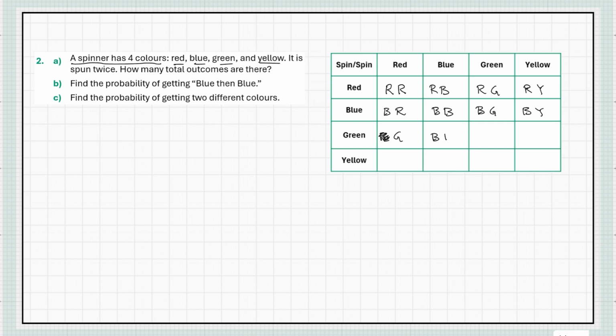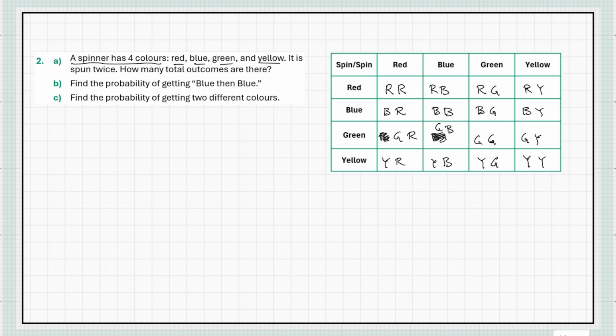Sorry, this is green and then red, and this is green and then blue, and green and green, and green and yellow, and then yellow and red, yellow and blue, yellow and green, and yellow and yellow. Okay.